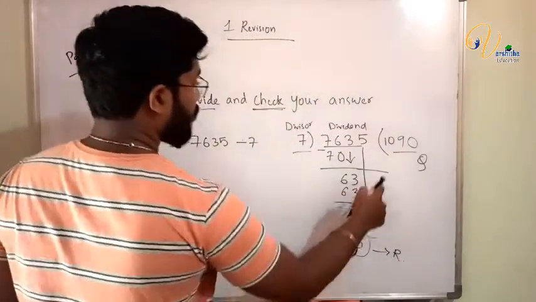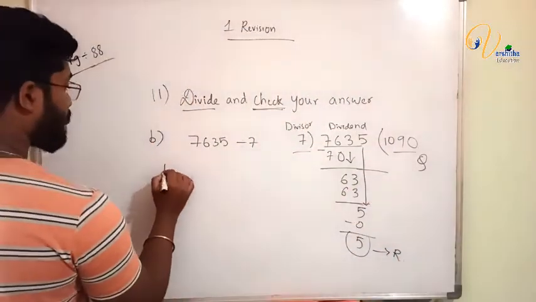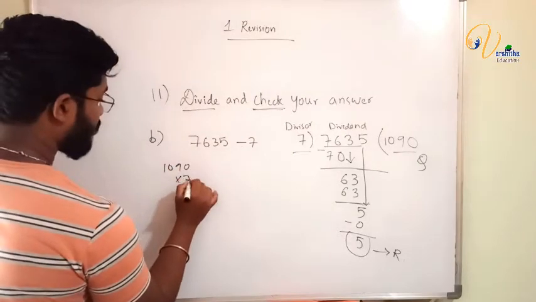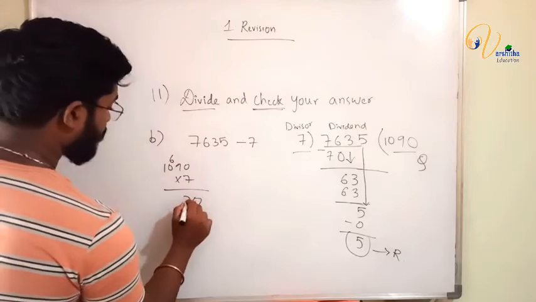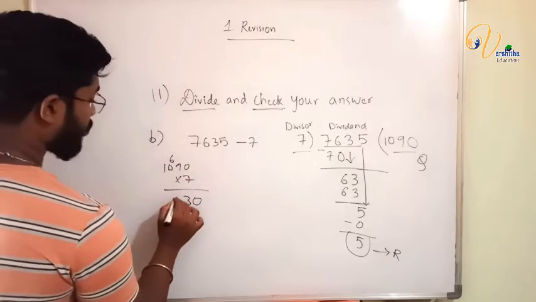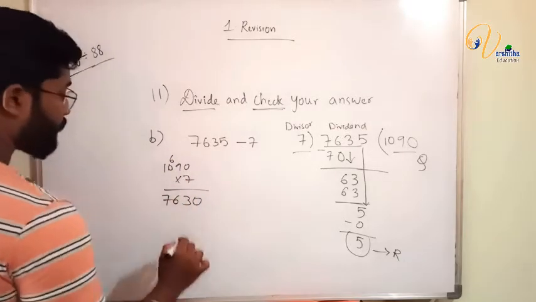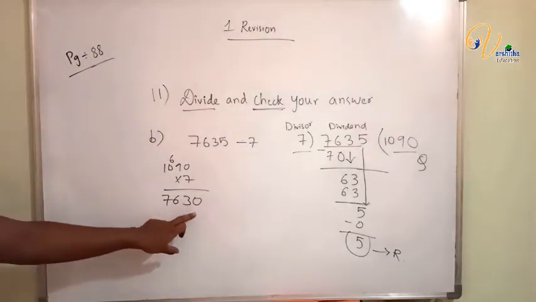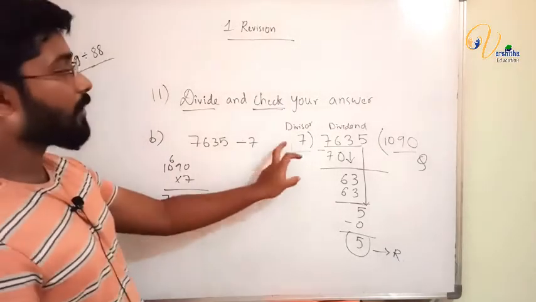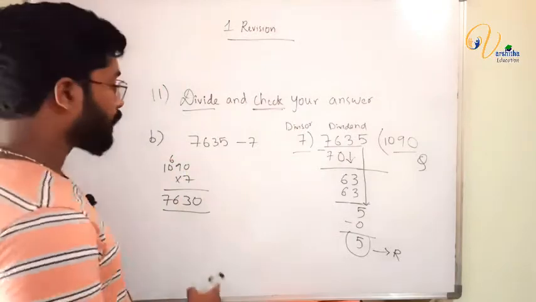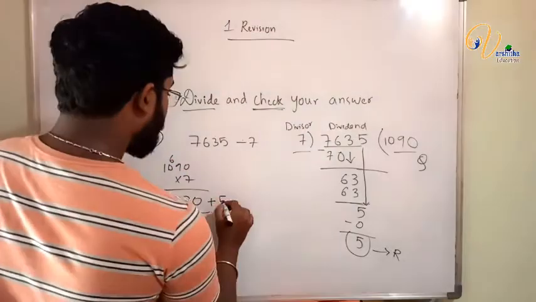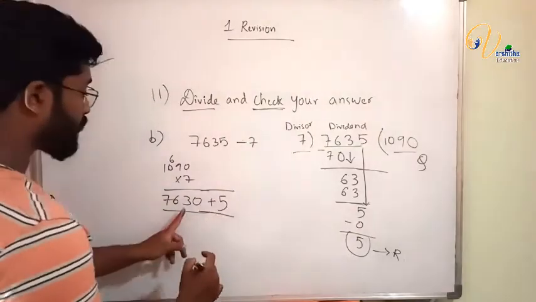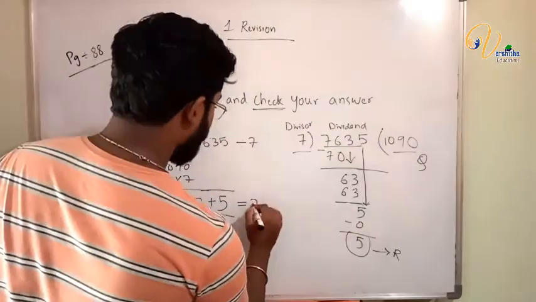Quotient into divisor: 1090 into 7. 7 zeros are 0. 7 nines are 63. 7 zeros are 0. Here you have 6. 7 ones are 7. 7630 is the product of divisor and quotient. For this, you have to add the remainder, 5. 7630 plus 5 is equal to how much?